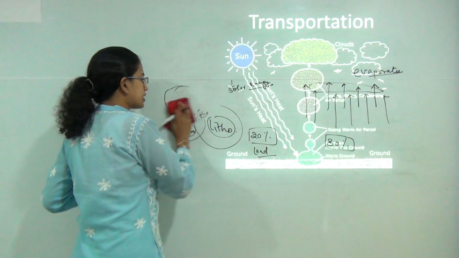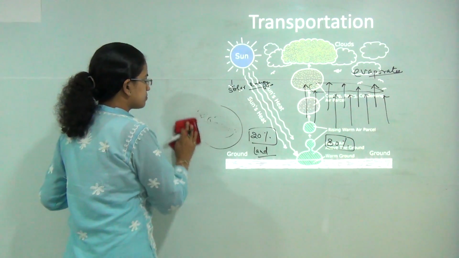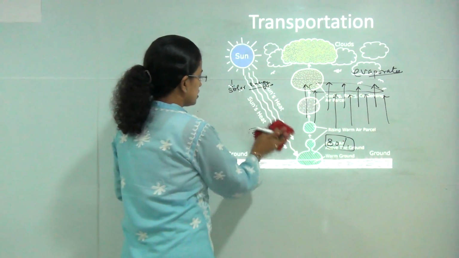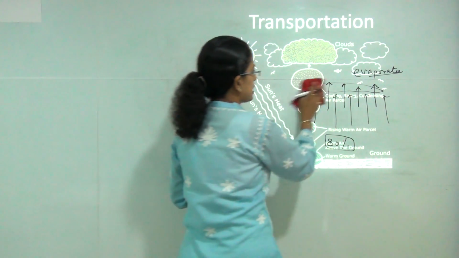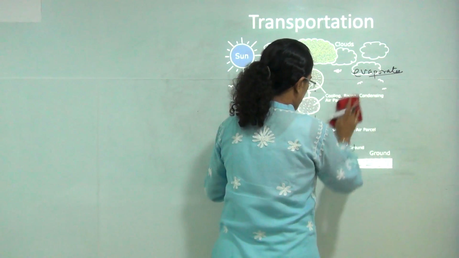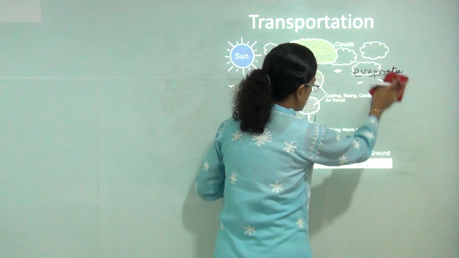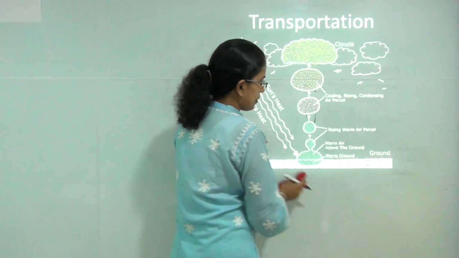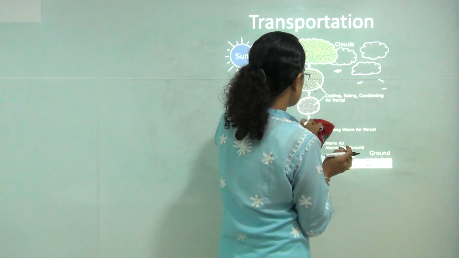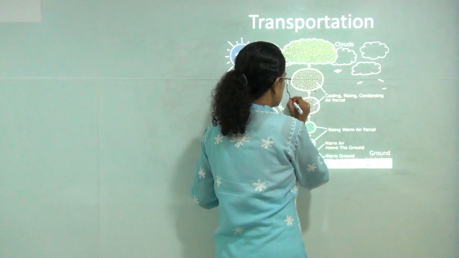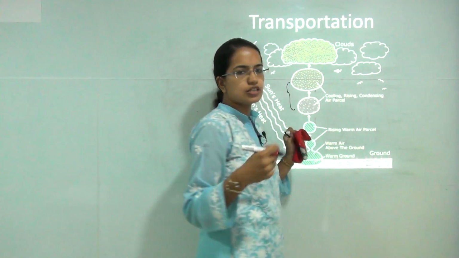Now once water is evaporated, it moves up because the evaporated form, or the water vapor, is lighter. Since it is lighter, it would tend to move up. As you can see in this picture here, you have the warm air parcel that slowly and gradually rises up. When it rises up, it attains certain saturation and it starts to cool.